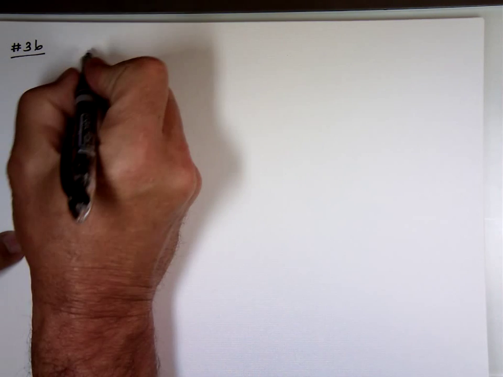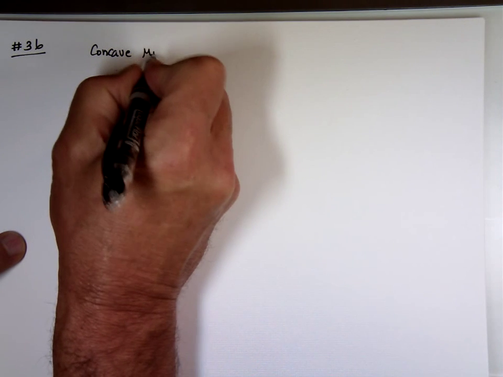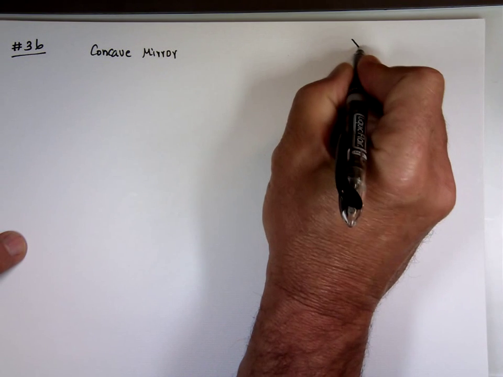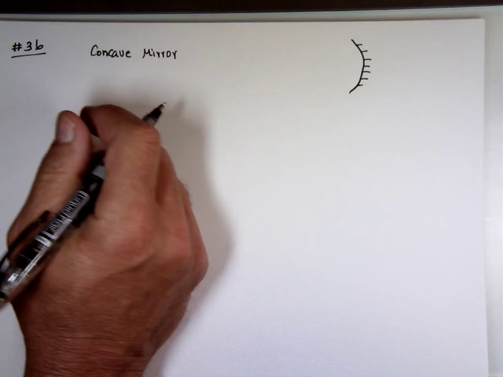We have a telescope. It uses a concave mirror, not convex, concave mirror. That means the mirror is like this. This is the black side of the mirror, the shiny side on the inside. That's a concave mirror.